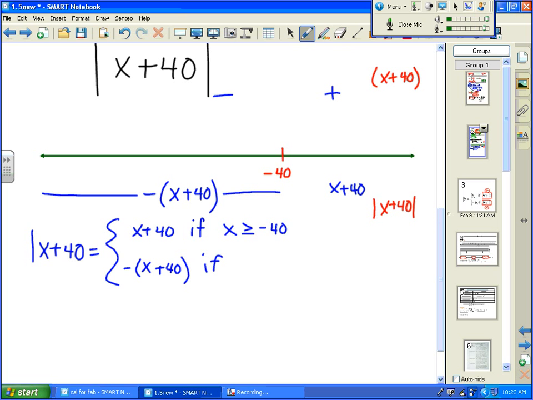Yep. So we'll do that. Negative 40? Yeah. Notice it's not equal to. Any questions with that particular one there? I guess I should probably fill in my other bracket there.